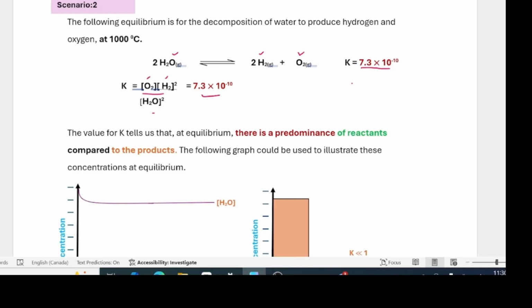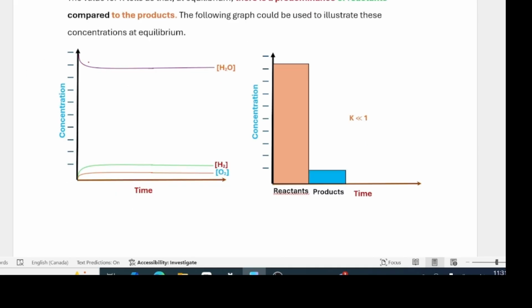So the question is asked, which one predominates? Because this value is so small, this must be very huge. So you're going to have lots of leftover reactants compared to the amount of products that are formed. Let's see from the graph. Yes, water decomposes like that, where you can see only small quantities of hydrogen and oxygen are produced. That's the hydrogen, that's the oxygen.